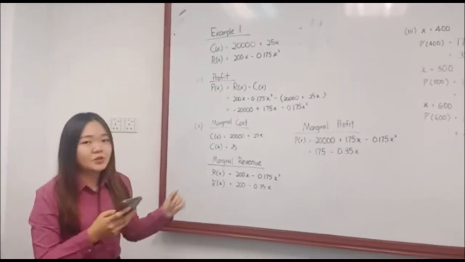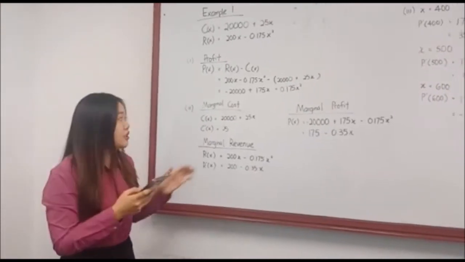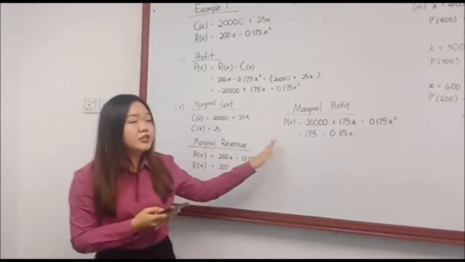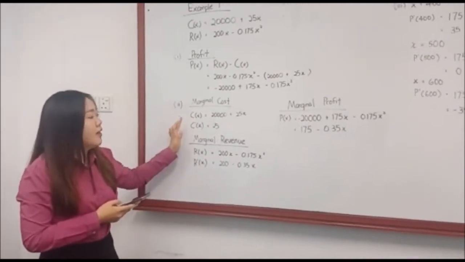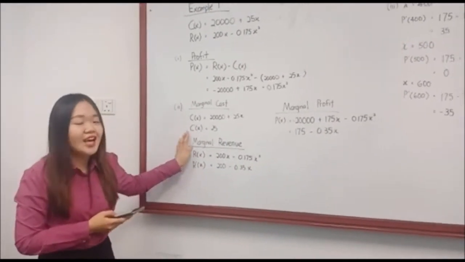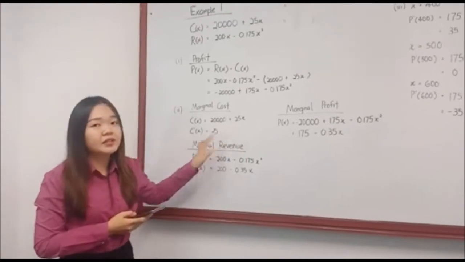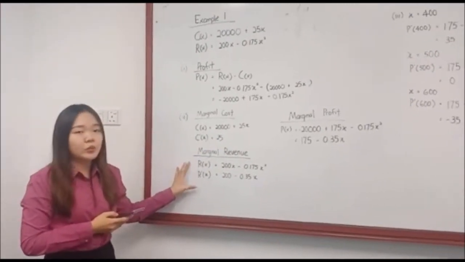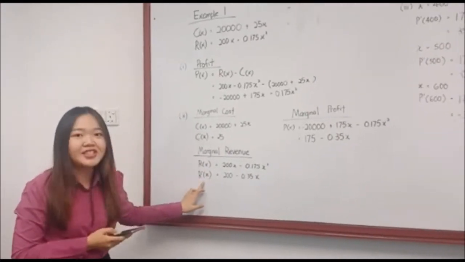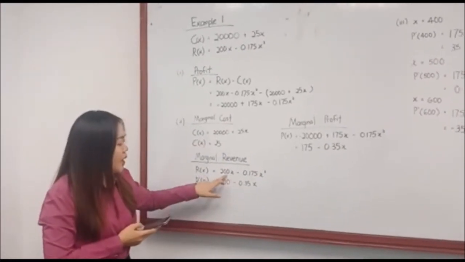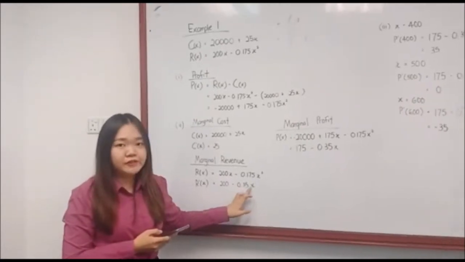Question 2 requires us to find the marginal cost, marginal revenue, and marginal profit. For the marginal cost, we use the cost function and differentiate it, and we will get 25. For the marginal revenue, we use the revenue function and differentiate it, and we will get 200 minus 0.35x.